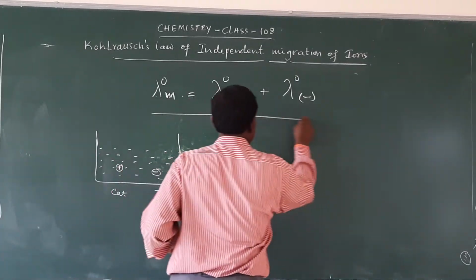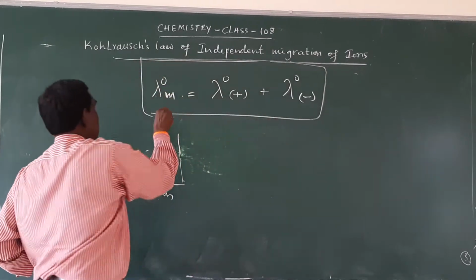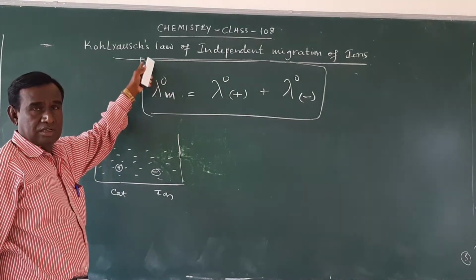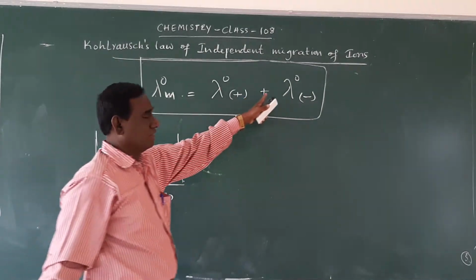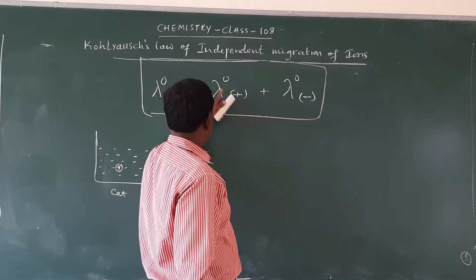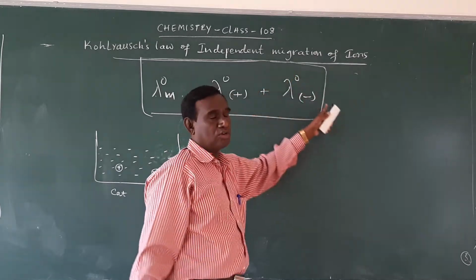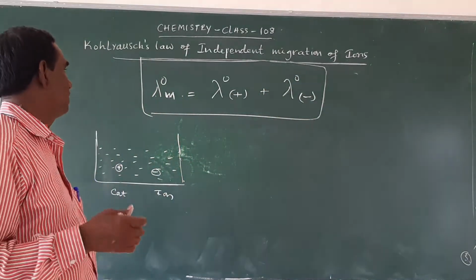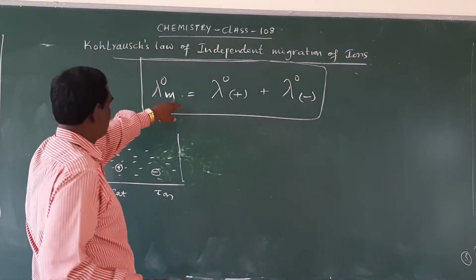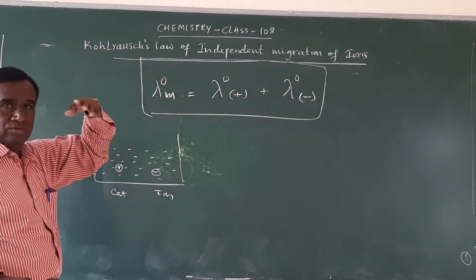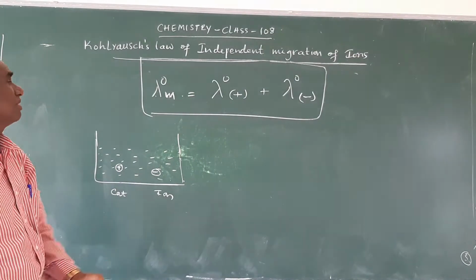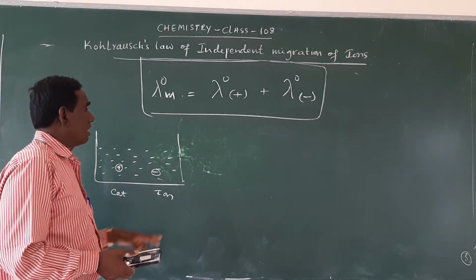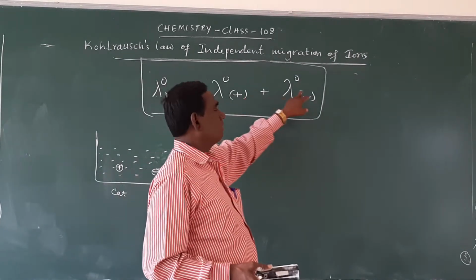This is the mathematical expression of Kohlrausch's law: the molar conductivity of an electrolyte at infinite dilution is equal to the sum of the limiting molar conductivities of cations and the limiting molar conductivities of anions.